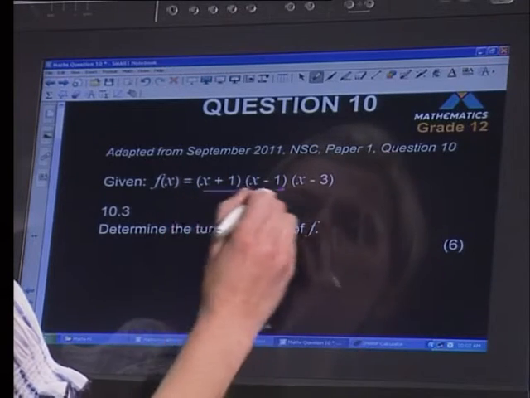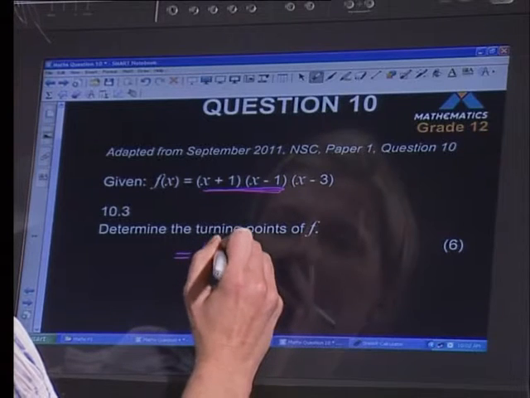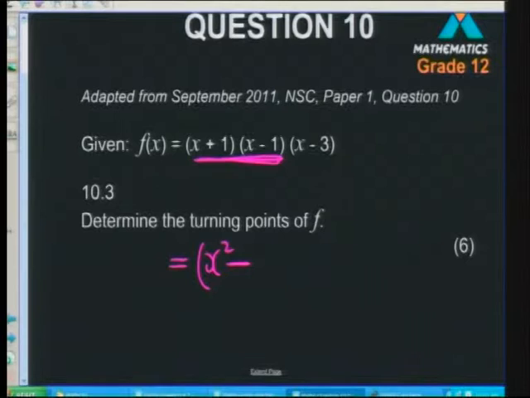I'm going to start with the first two, because I can see that that's going to give me x squared minus 1. Why is it x squared minus 1? Because this is like a difference of two squares that's been factorized. Are you happy with that? Okay. So now we need to multiply by x minus 3.